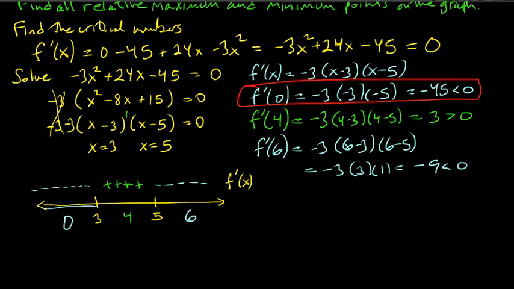Here we had an exponent of 1. Here we had an exponent of 1. When the exponents are odd, the signs have to alternate. So if we did get a negative here, then we know that it's going to be positive and then negative without having to plug in the 4 and the 6.